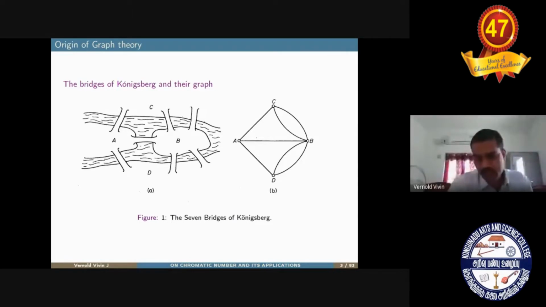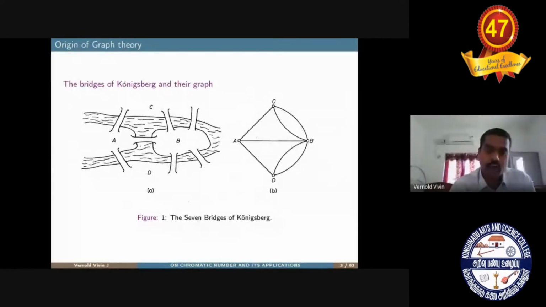Similarly, B is connected to D by 2 bridges. Island A is connected to island B by a single bridge, to C by a single bridge, and to D by a single bridge. So this is the graph.